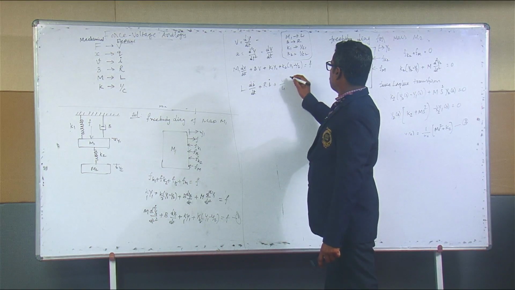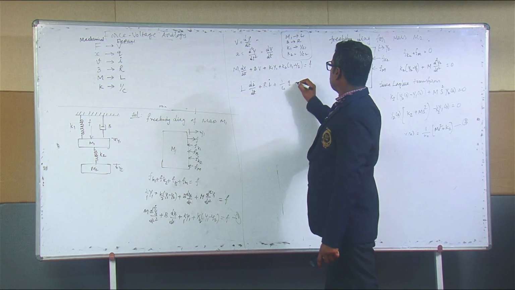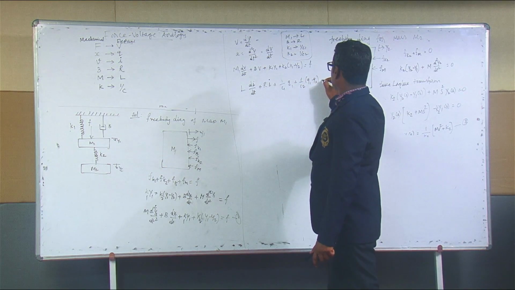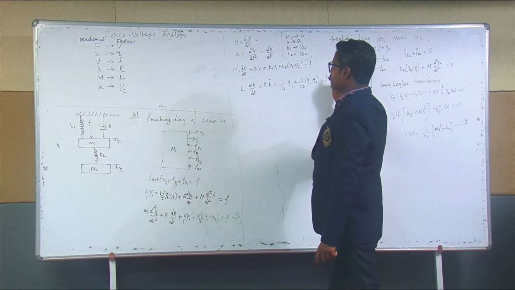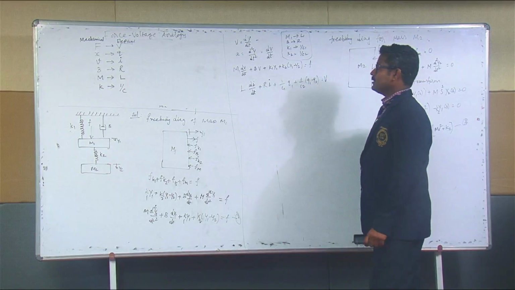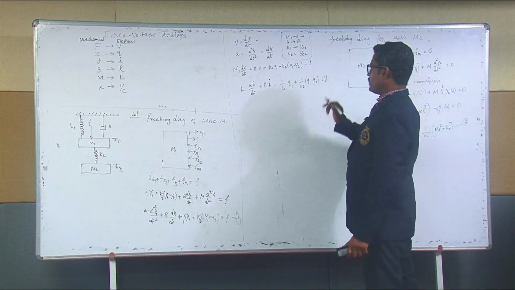So 1 by C1 into Q plus Q1. So K2 is 1 by C2 into Q1 minus Q2 equal to, and the force is nothing but the voltage. Okay, so this is the electrical voltage analogy of equation 1.